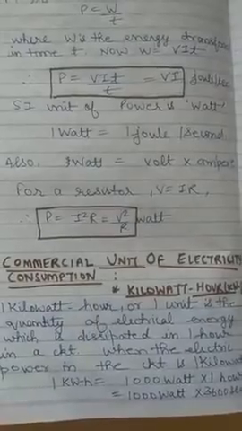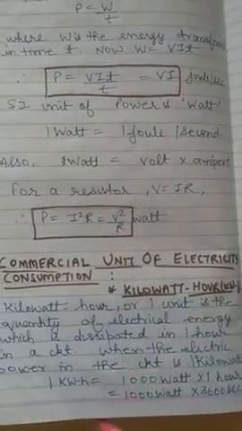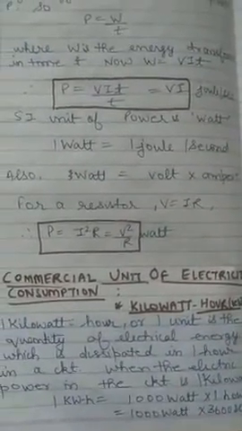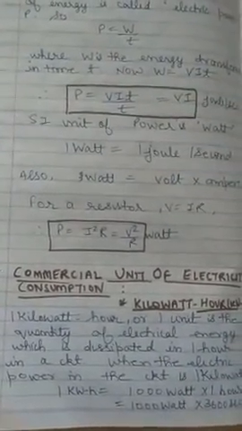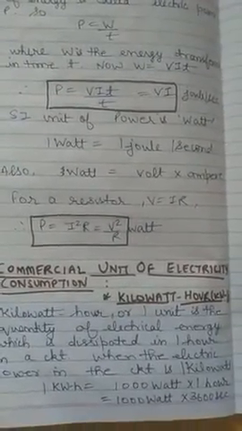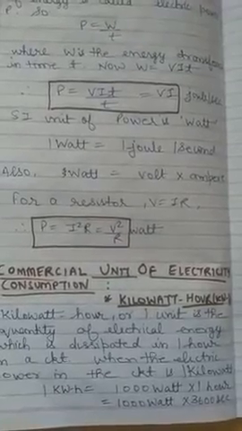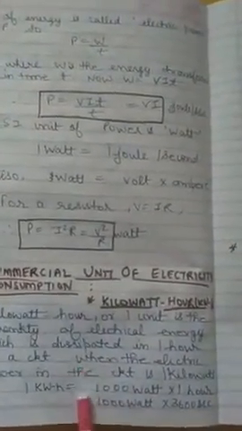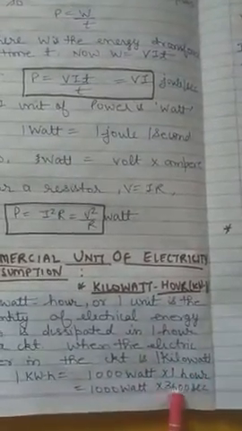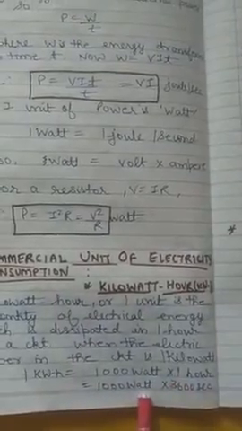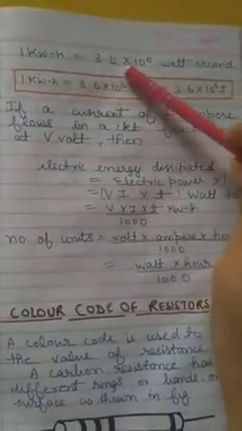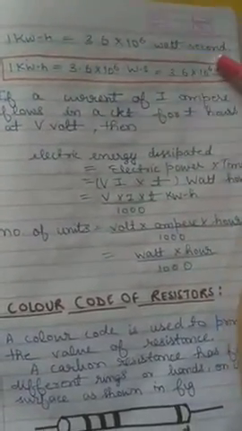When the power in the circuit is 1 kilowatt, the electrical energy dissipated in 1 hour is 1 kilowatt hour. So 1 kilowatt hour will be equal to 1000 watt into 1 hour. 1 hour is equal to 3600 seconds, so this will be 1000 watt into 3600 seconds, which is equal to 3.6 into 10 raised to the power 6 watt second.